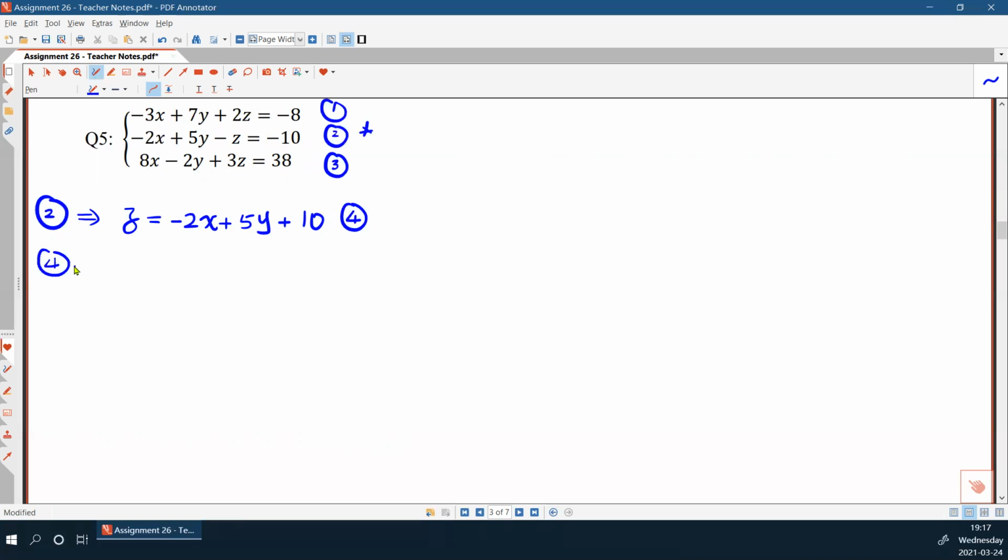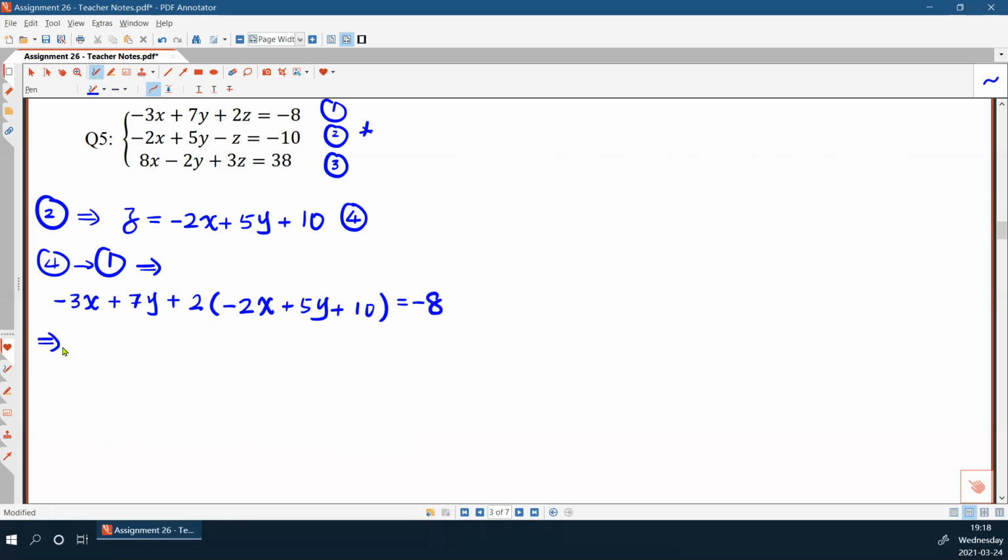Then we can put 4 into both equation 1 and equation 3, right? For example, if we put 4 into equation 1, this will give us minus 3x plus 7y plus 2z. 2z means 2 of the above expression, which is minus 2x plus 5y plus 10, right? And equals minus 8.